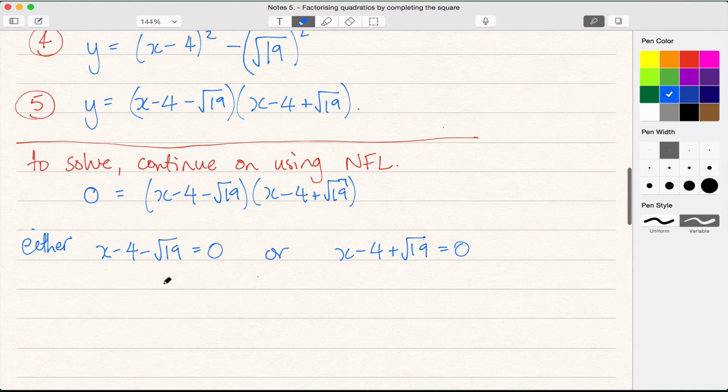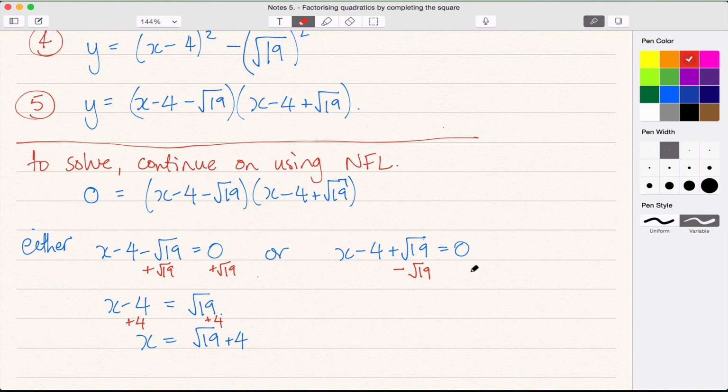And we can add root 19 to both sides. X minus 4 equals root 19. And we can add 4 to both sides. Same on this side.